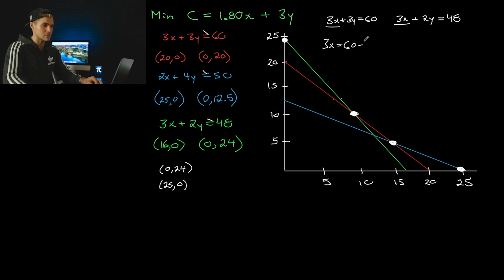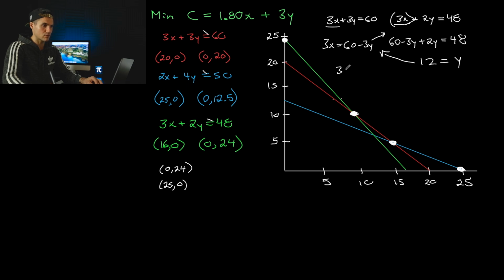So I'll have 60 minus 3y. I'm going to plug in that for the entire 3x expression. So I'll have 60 minus 3y plus 2y is equal to 48. This will be negative y, bring it over, positive y, 12, right? So y would be 12.